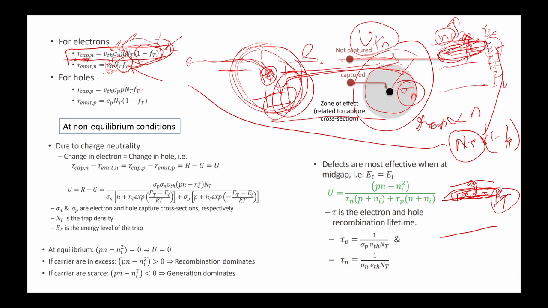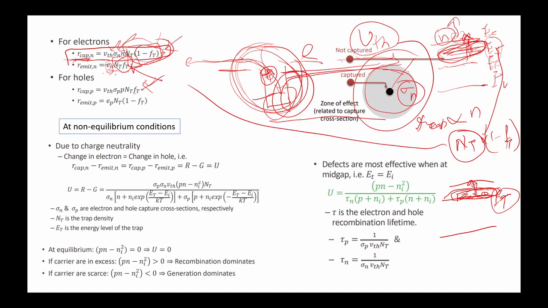Okay, and the same thing can be applied for the holes. The difference is that instead of the empty states, we will be looking for the filled states here. Just vice versa of what we have done for the electrons, we will do for the holes. That's it. At equilibrium, the total capturing of the electrons will be equal to the total capturing of the holes.